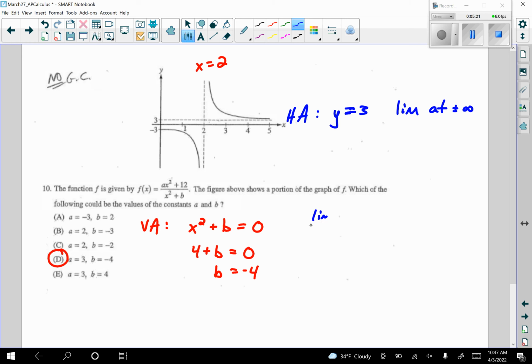So if I were to take the limit as x increases without bound of ax squared plus 12 over x squared plus b, and then the shortcut here, this is going to equal 3. The shortcut here is because the degrees of the numerator and denominator are the same, I don't have to worry about anything else. It's just going to be a over 1, so then a would equal 3, and that confirms our answer for D.